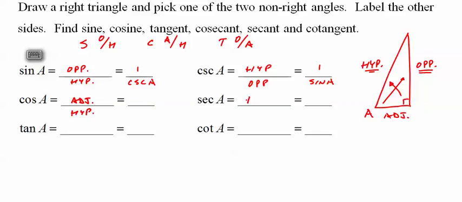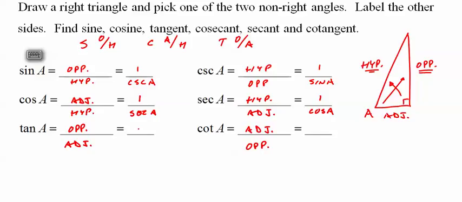Therefore, secant is hypotenuse over adjacent. And cosine is 1 over secant. Secant is 1 over cosine. Tangent is opposite over adjacent. Therefore, cotangent is adjacent over opposite.